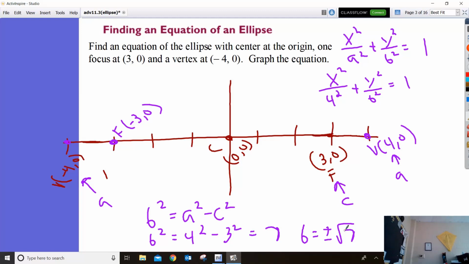Now, root of 7, you can go to the calculator and approximate it. Isn't it somewhere between 2 and 3? You take root of 9, that's 3. You take root of 4, that's 2. So then root of 7 is somewhere in between. I really don't care where it is, you're freehand graphing. You just pick a point somewhere between 2 and 3 and call that root of 7.